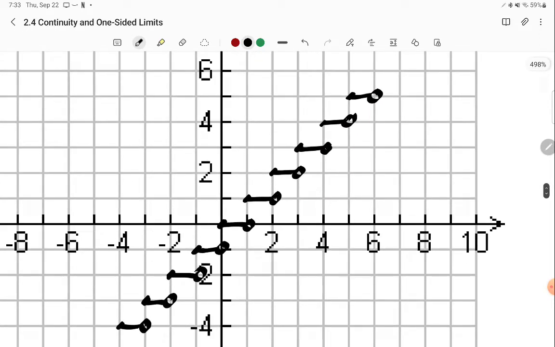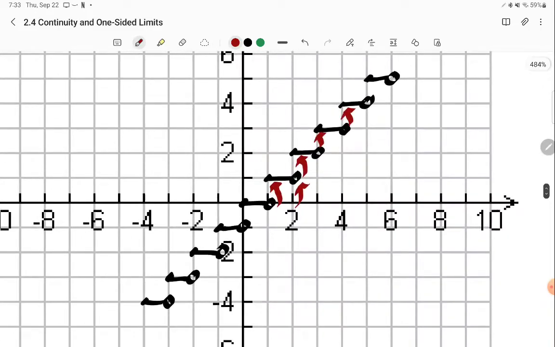Because it's open here. So it jumps right there. And then at 3 hours, it jumps to the next level. At 4 hours, it jumps to the next level. Okay? So you have the closed circles here, and then the open circles over here.